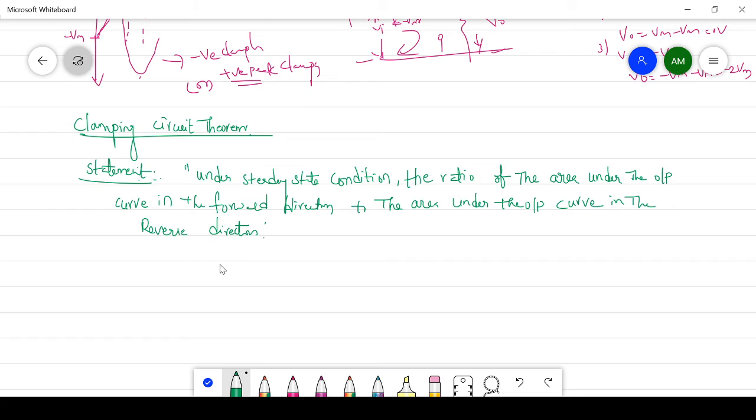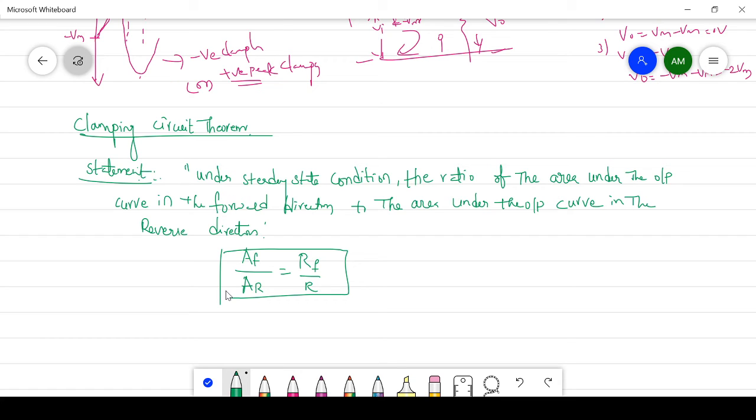So it shows the ratio of the area under the output curve in the forward direction, that is AF, divided by the area under the output curve in the reverse direction, AR, is equal to RF by R. Clamping theorem is nothing but, under steady state condition, the ratio of the area under the output curve in the forward direction, when the diode is in conducting state, to the area under the output curve in the reverse direction, when the diode does not conduct.